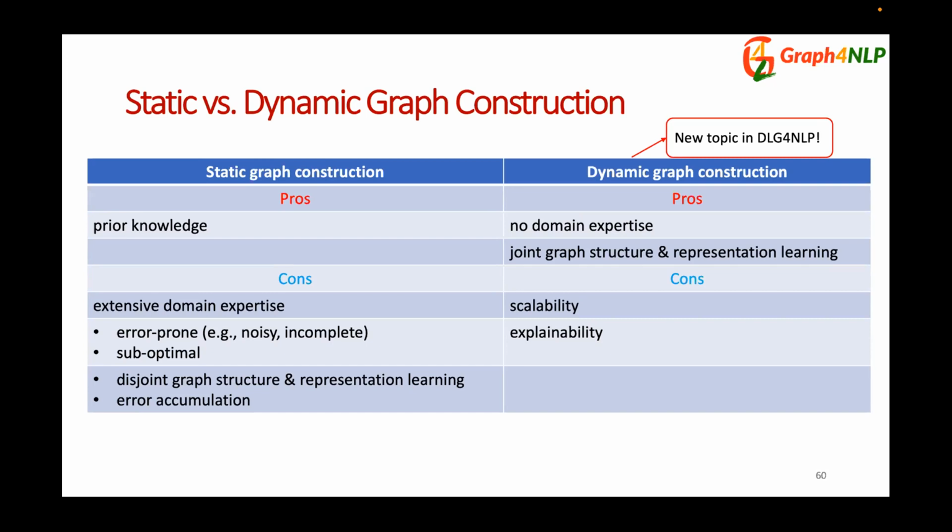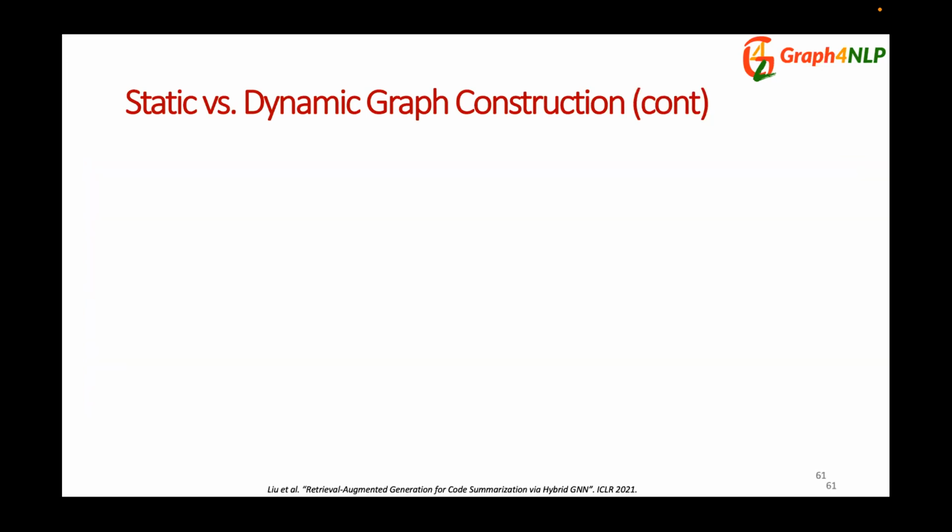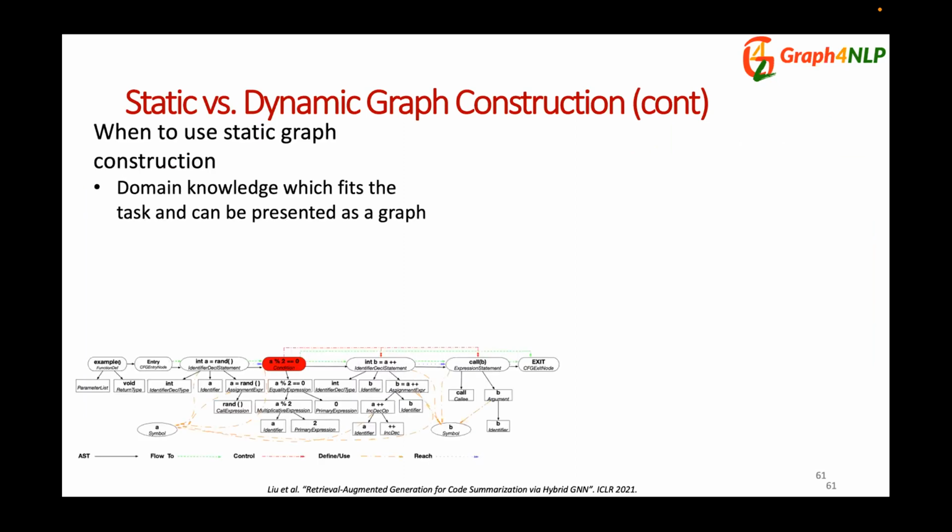But these weak areas are also good future directions. For example, there is very active research on how to improve the scalability of dynamic graph construction approaches by leveraging techniques like kernel-based methods, random feature-based methods, and so on. Now it comes to the question, when to use which. Based on our study and practice, we think it's best to use static graph construction when we have domain knowledge at hand which fits the task and can be represented as a graph.